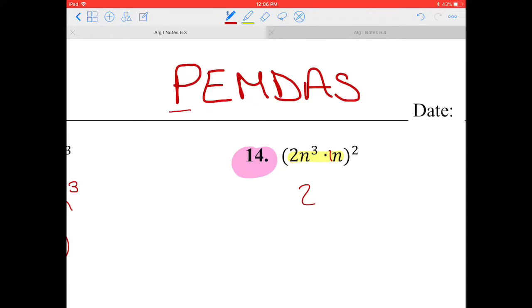And for n, you have 3 and 1 here, so that makes 4. Remember, with product, you're adding exponents. And then you still have that power on the outside. So remember, your coefficient gets the exponent as a normal exponent, so 2 squared is 4. And then you multiply your exponents, n to the 8th.